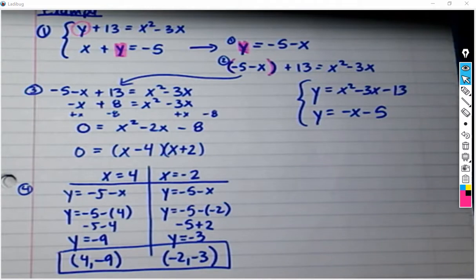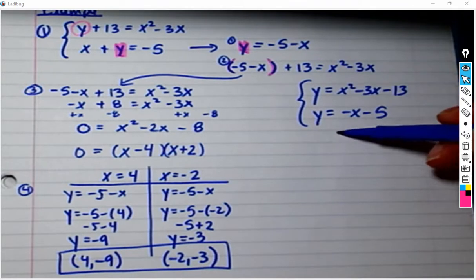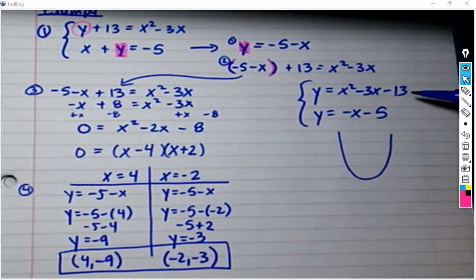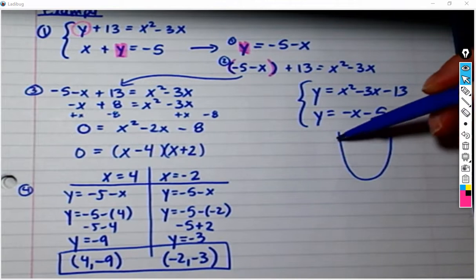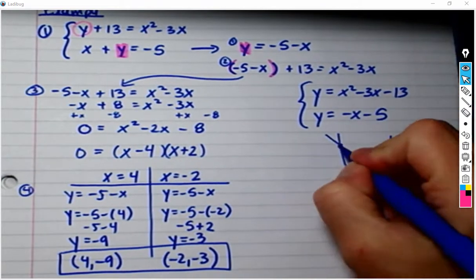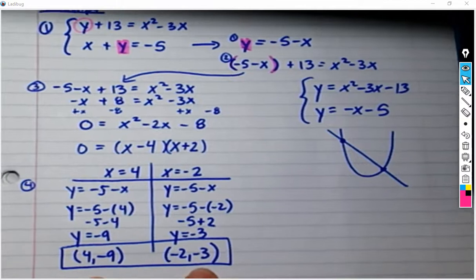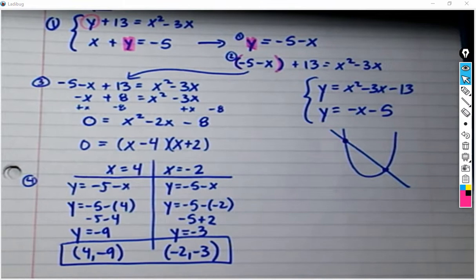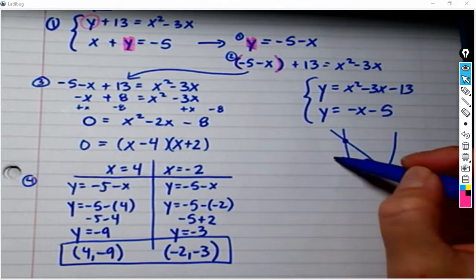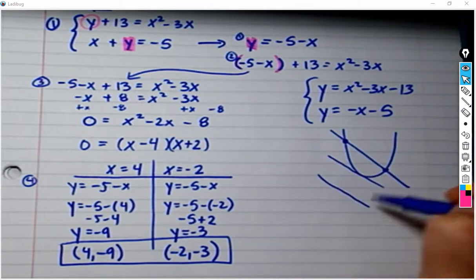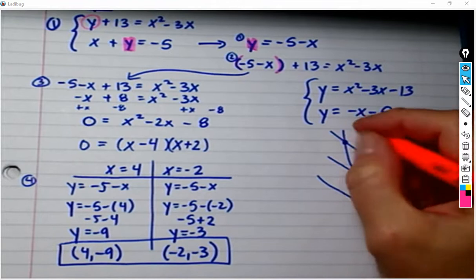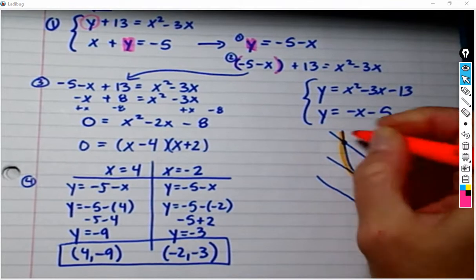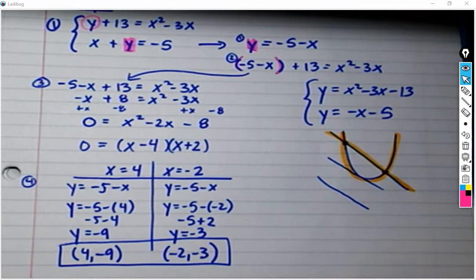Yeah. You're right. Okay, concave up parabola, negative sloped line that touches in 2 places. That's what it should look like. That's what we have. Could have been 2, 1, none, right? Those are my 3 choices, but after doing the algebra, this is what I came up with. That's the intersections.